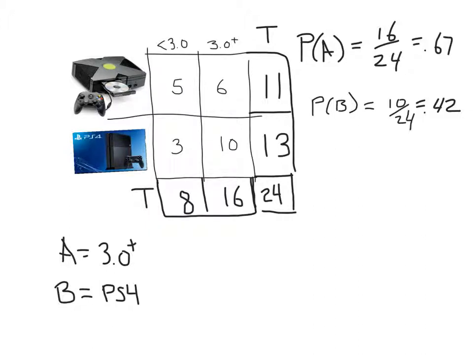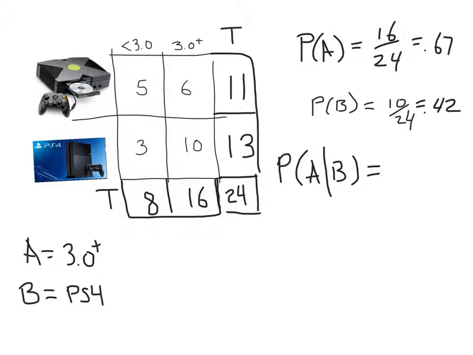But what if you have a condition? You say, well, what's the probability that you pick a kid with a grade point average that's higher than 3.0, provided that they own a PS4? Well, that's a little bit different. Let's write that down. So again, this is saying, given that they own a PS4, what's the probability that they have a 3.0 or higher?